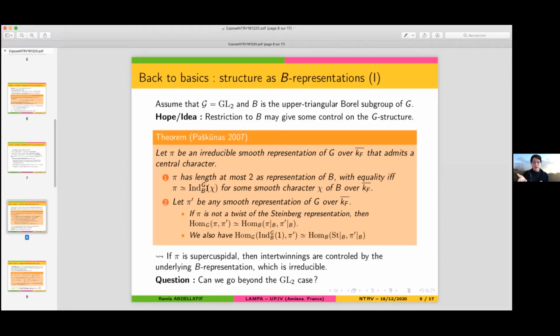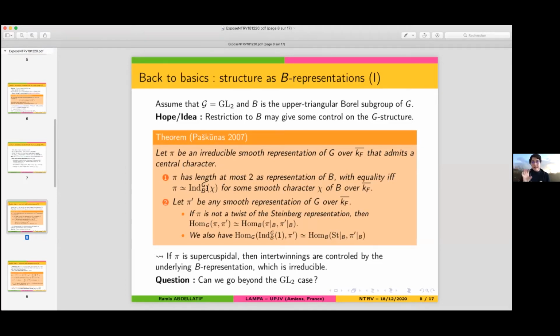Or it's not a parabolically induced representation, but then what can it be? It can be either a character: if you restrict a one-dimensional representation to B, it's still one-dimensional, so still irreducible. Or a Steinberg representation or a twist of the Steinberg representation. For such representations, you can prove that the restriction to B is still irreducible. So that's the non-supercuspidal case.